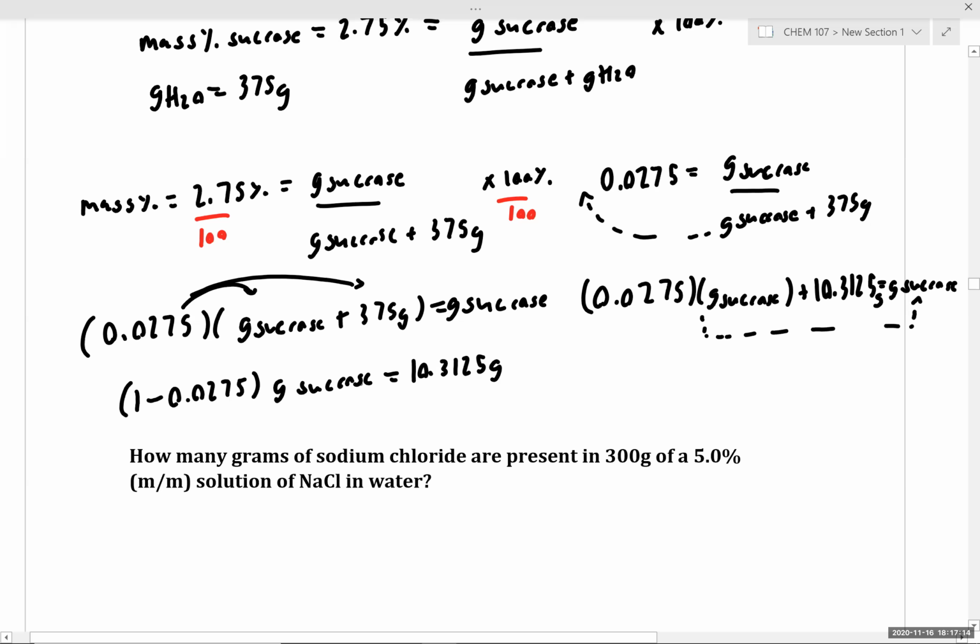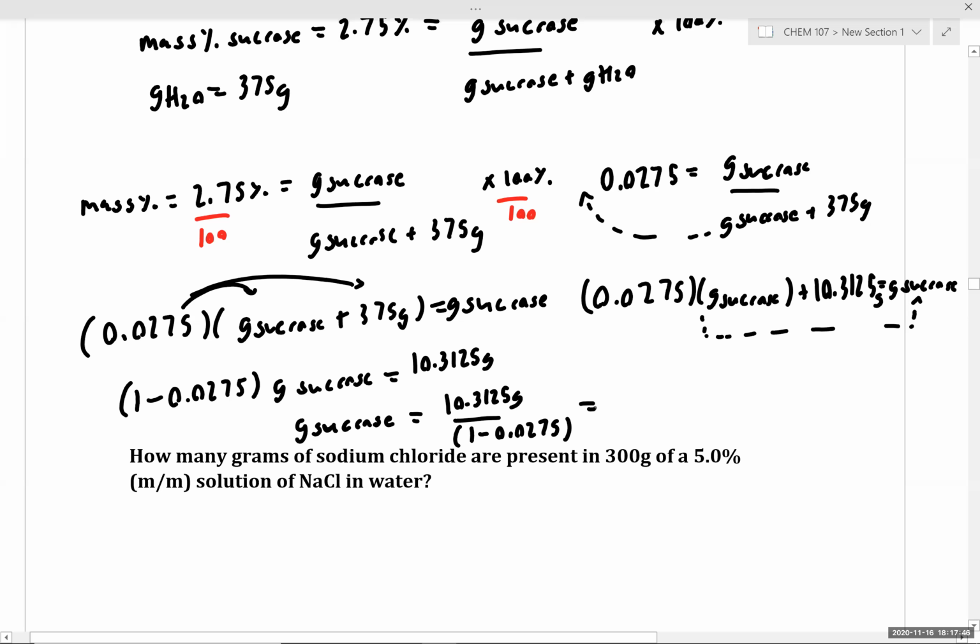Now all we have to do to solve for the grams of sucrose is resolve this expression. We have 10.3125 grams over 1 minus 0.0275.